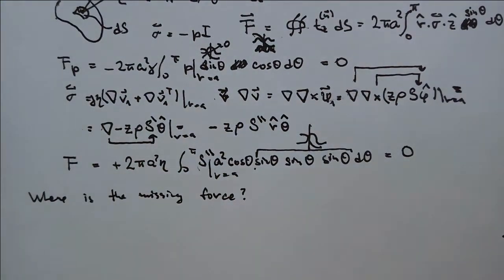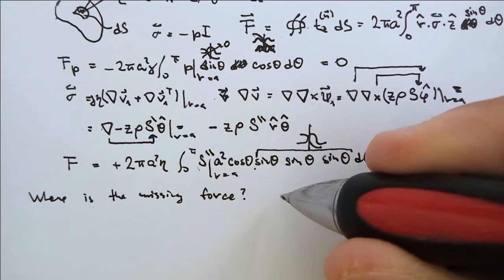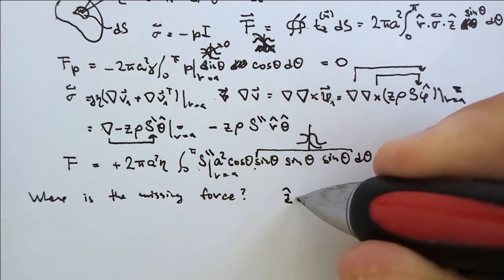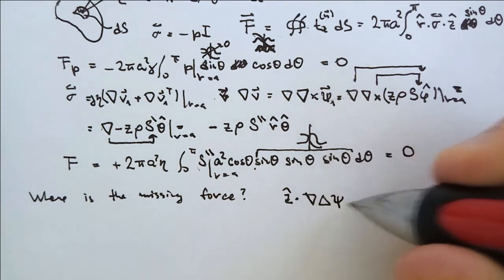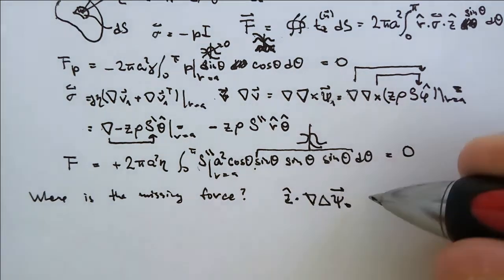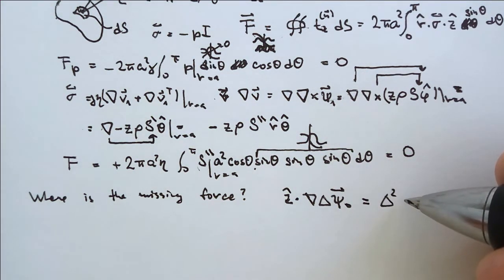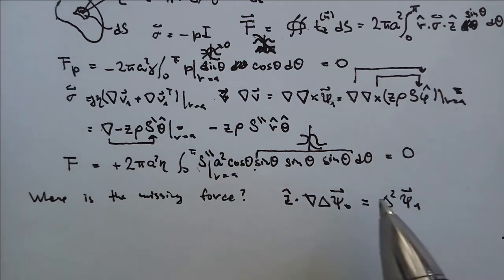Well, we found a particular solution to this equation: z hat dot product gradient of Laplacian of psi 0 is equal to Laplacian squared times psi 1. We found psi 1 as our solution to this problem.